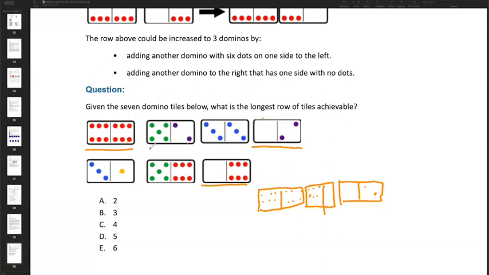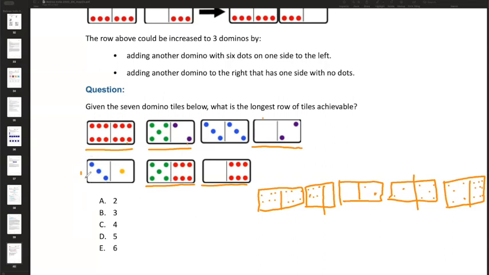Then next is this one, because it has a 2 pattern on one side and a 5 pattern on the other side. Now this is the final one because this has a 5 pattern here, but the other side is a 6 pattern. And we don't have any more 6 dominoes left because we have already used all our 6 dominoes.